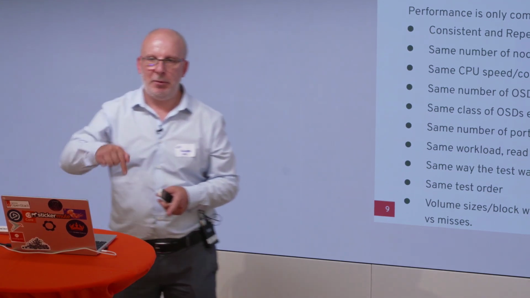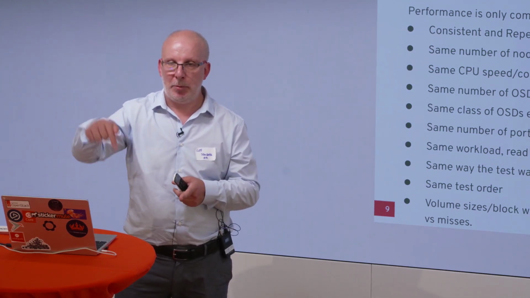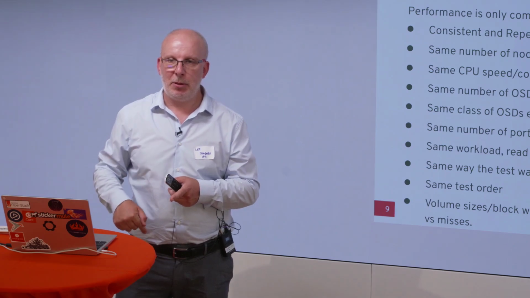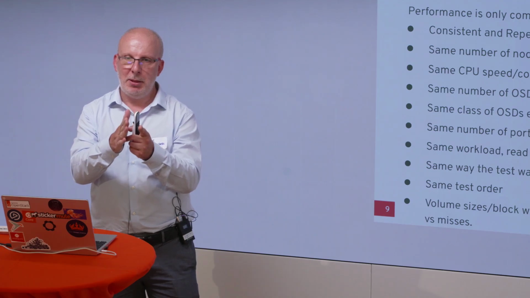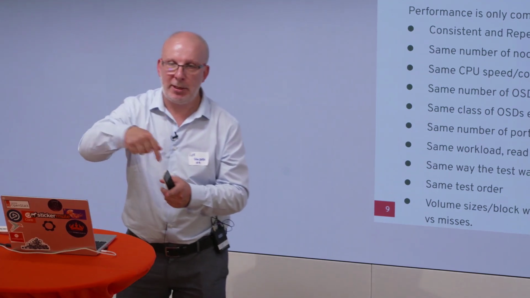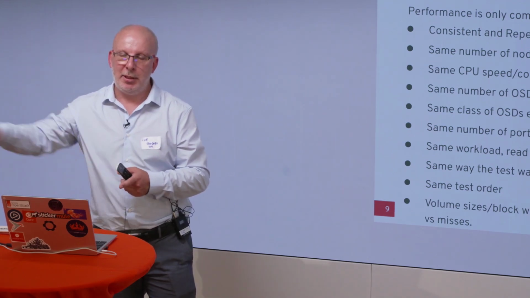So the probability of you hitting the same spot over that 1 terabyte randomly is quite slim. Whereas if you're using much smaller volumes, then the probability is much greater, and so you're more likely to get an overwrite than a miss.